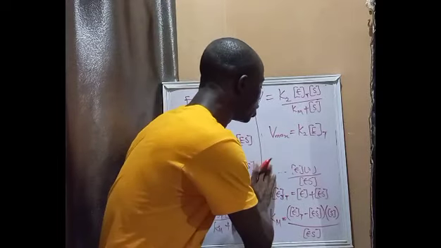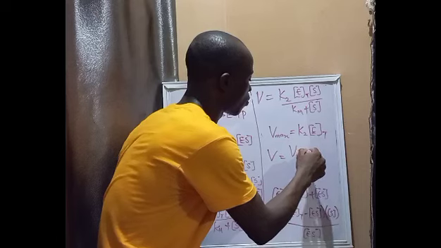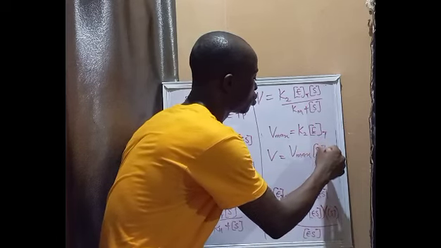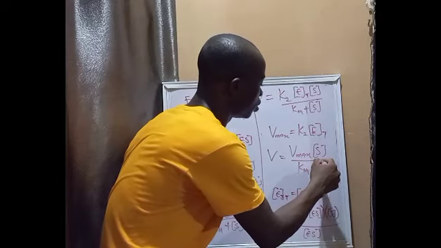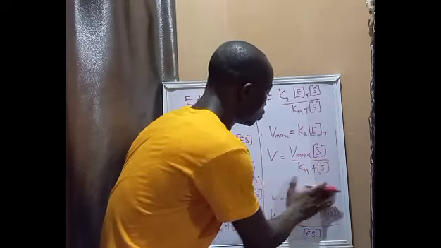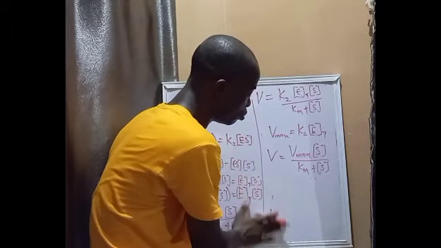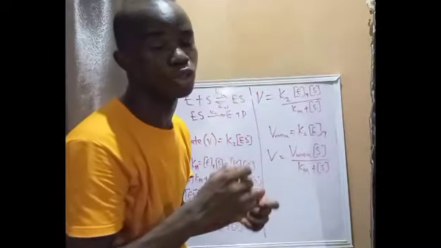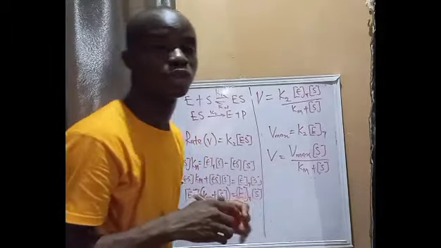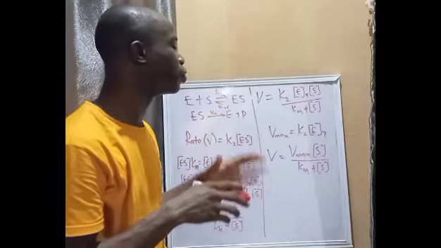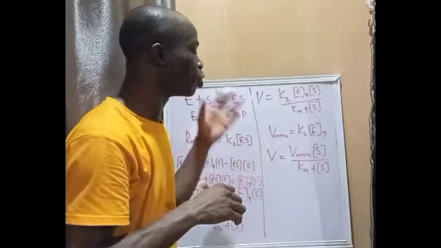Therefore we can say that our V will be equal to Vmax times substrate concentration over Km plus substrate concentration. This expression is what we call the Michaelis-Menten equation, which is used in enzyme kinetics. So with all of this, I'll be able to show you how to derive the Michaelis-Menten equation.